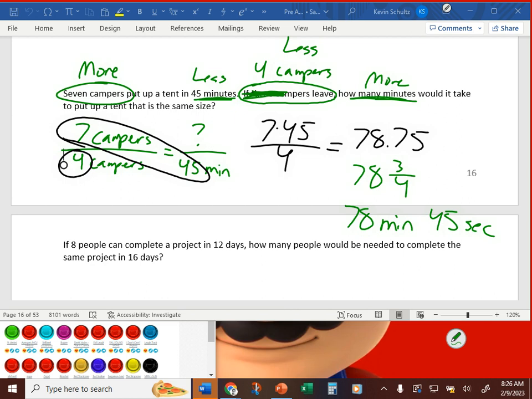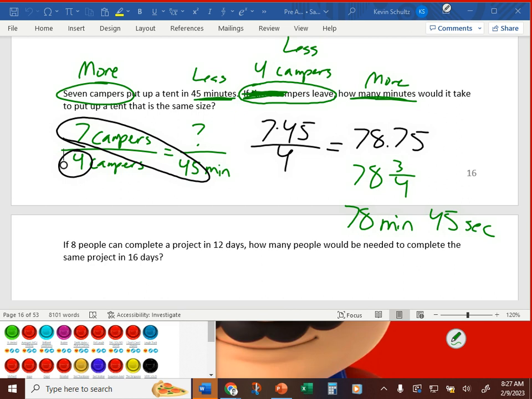It's whole minutes and a part of another minute. That's the biggest mistake that happens with time in math, is that folks think that 78.75 is 78 minutes, 75 seconds. That's not how it works. It's 78 whole minutes and 0.75 or 3/4 of another minute. So it's 45 seconds. Okay?